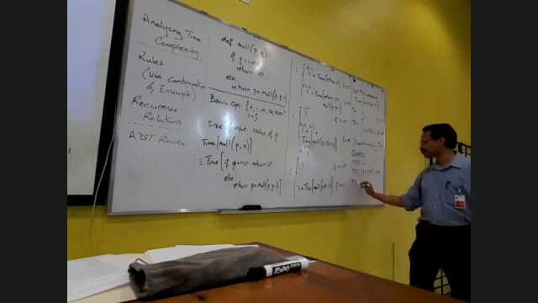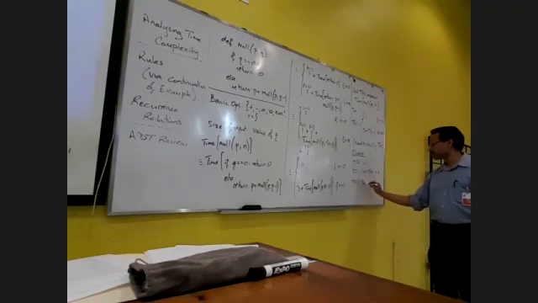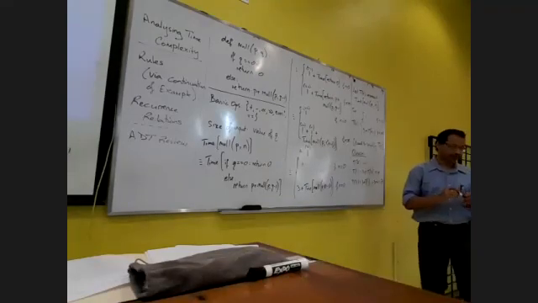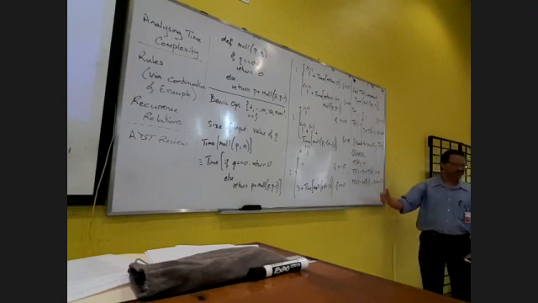What's T of 2? According to this, it's 3 plus T of 1. And T of 1 is 4, so this is 3 plus 4, which is 7. Okay. That tells us what T of 1 and 2 are, but we need T of n in general.